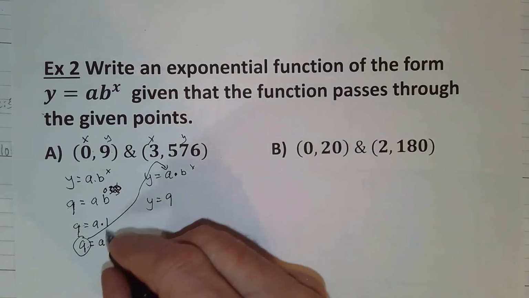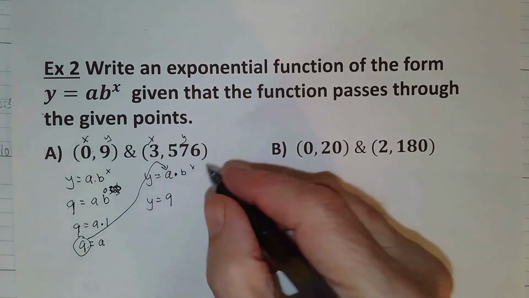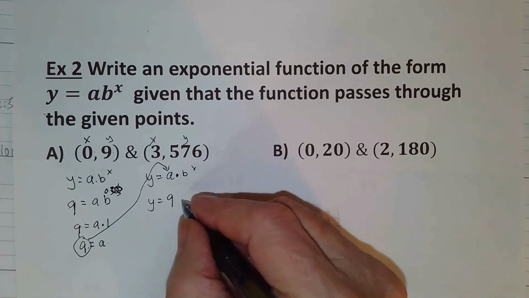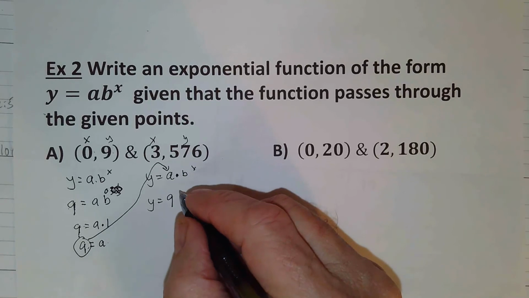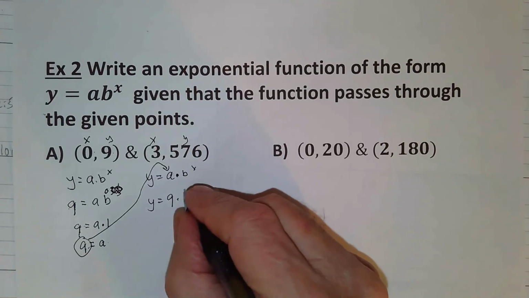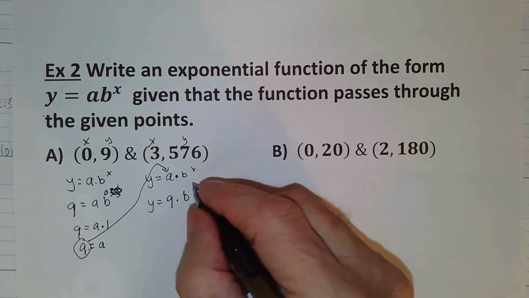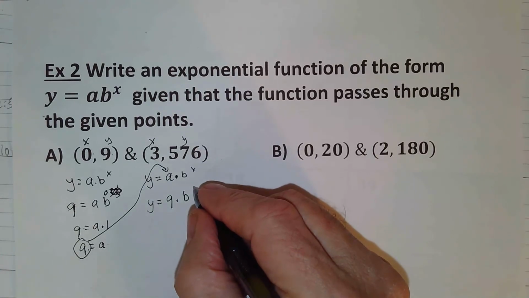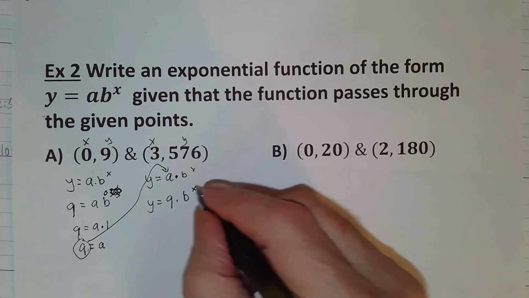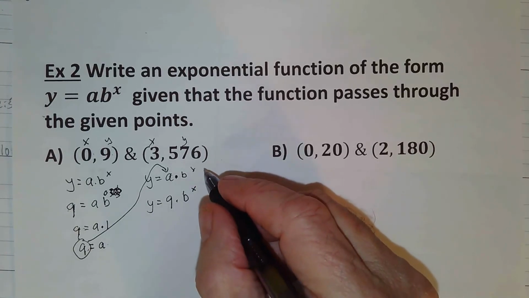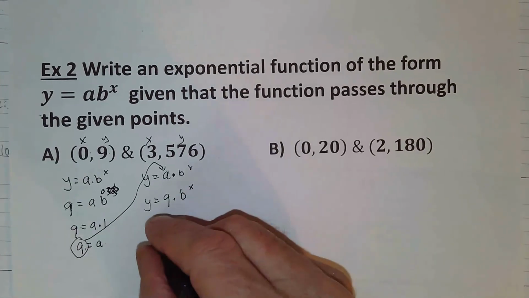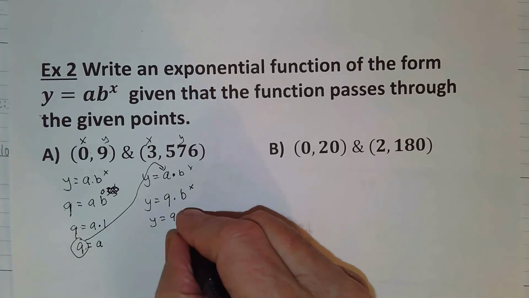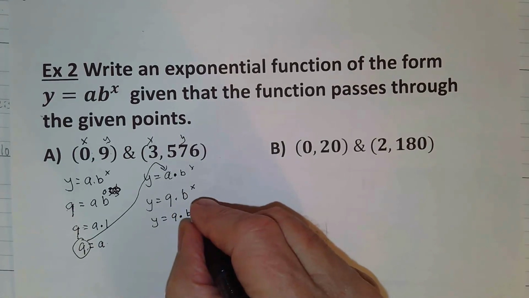I put a little curly tail on the a's. So 9 times b to the x, right? And then the x is going to be 3, right? So we're going to have y equals 9 times b to the 3.